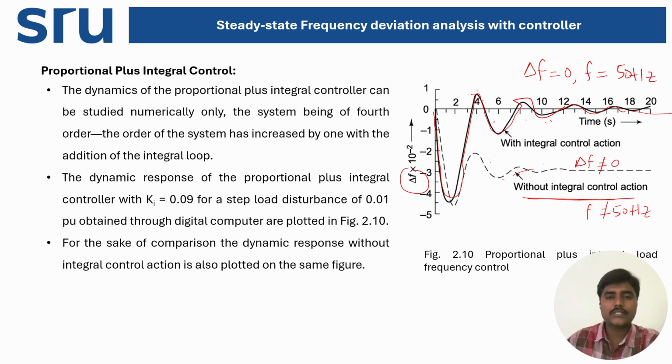To reduce this steady state frequency error, we have implemented this PI controller in the block diagram. That is the importance of application of the PI controller. In control systems, we might have studied that the PI controller is used to reduce the steady state error. That kind of application we have implemented here in bringing the frequency value exactly equal to 50 Hz by making delta F equal to 0.